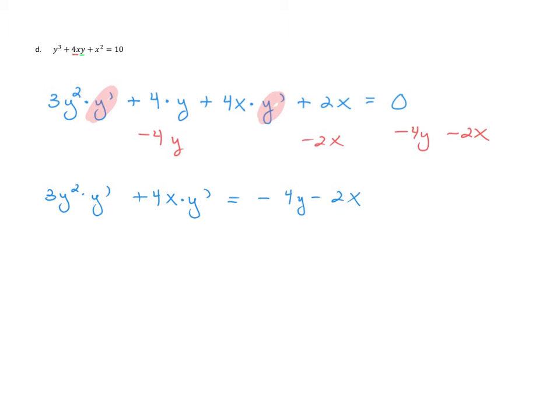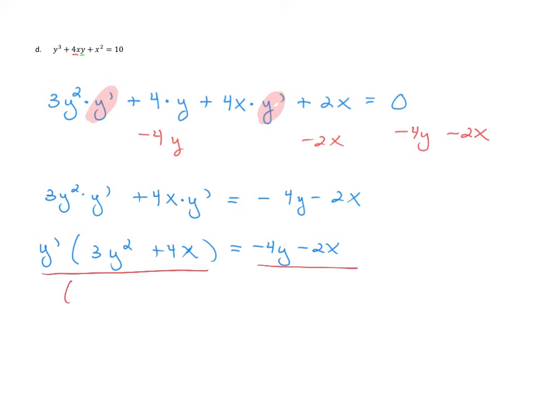On the left, I can factor out a y prime, and what is left over is 3y squared plus 4x. That means I can now divide both sides by this 3y squared plus 4x.